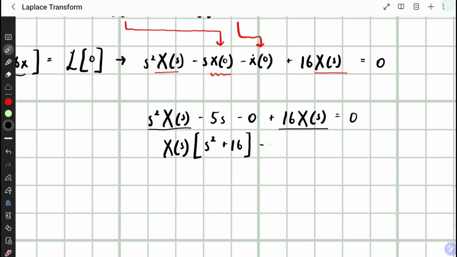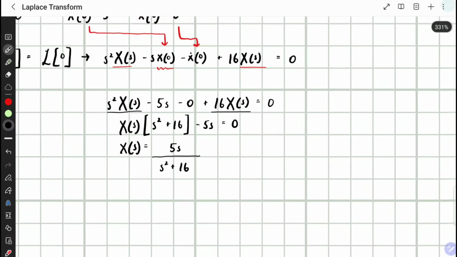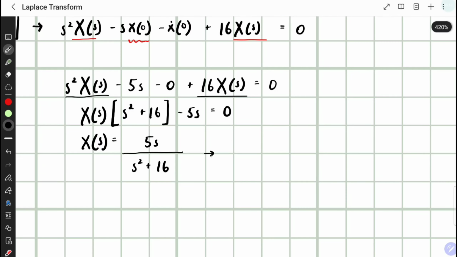And what else is left? Minus 5s is equal to 0. Move everything to the other side. 5s divided by s squared plus 16. You can take the 5 out. It's the same thing as 5 times s over s squared plus 16.